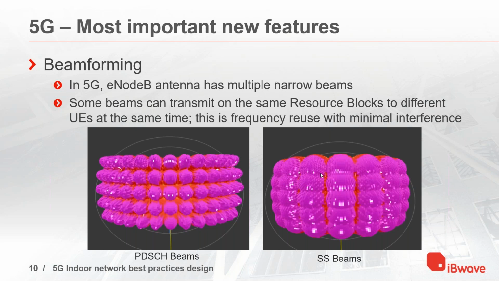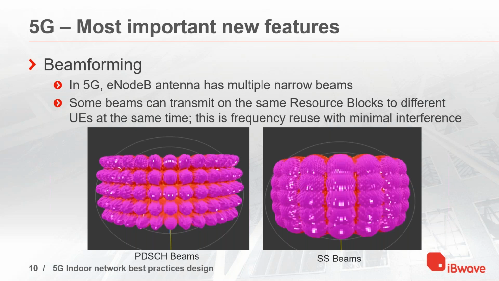But there are two types of beams in 5G. There are PDSCH beams and there are synchronization signal beams. As you see, the synchronization signal beams are a little bit wider than the PDSCH beams. There is a reason for that.